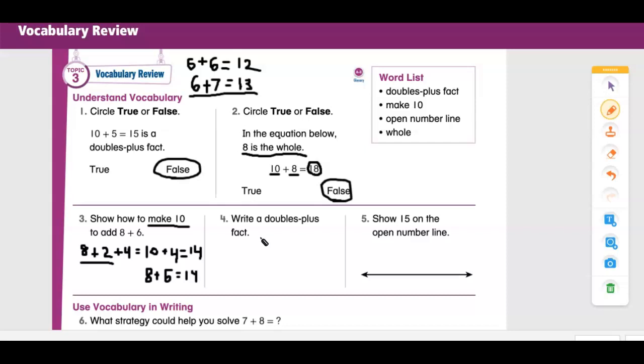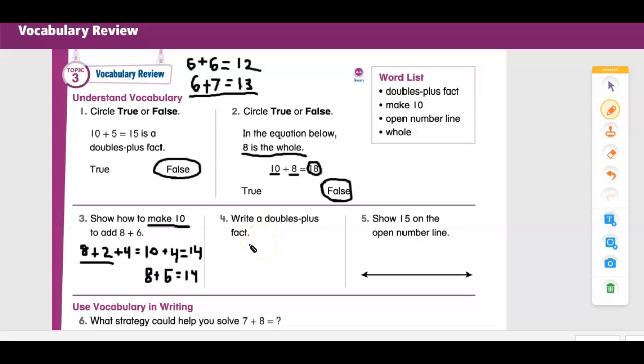Now remember, a doubles fact looks like 6 plus 6, 5 plus 5, 4 plus 4, and so on. So a doubles plus fact is usually 1 or 2 numbers higher than the doubles fact.